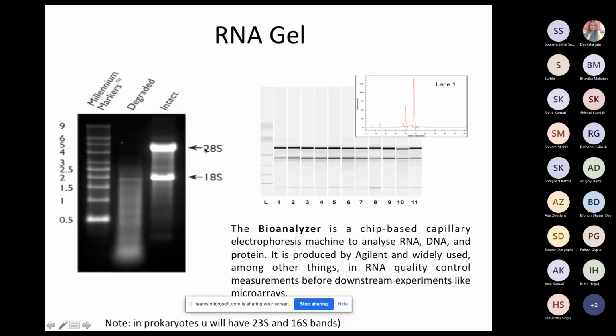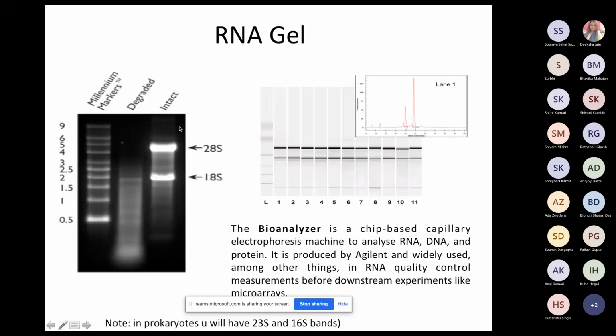So, how will your RNA look on a gel? If you remember, RNA belongs to various categories within a cell. The most prominent of which is rRNA. More than 90% of the RNA is rRNA only.